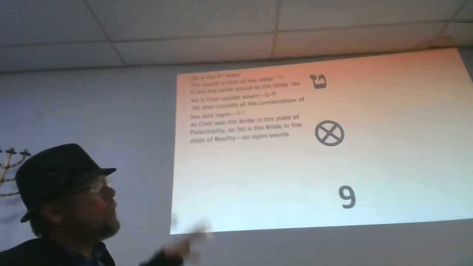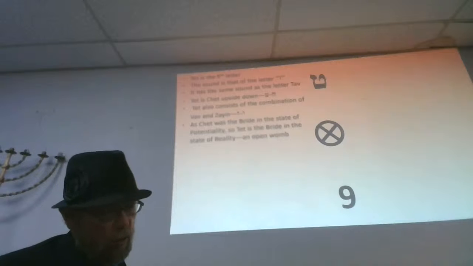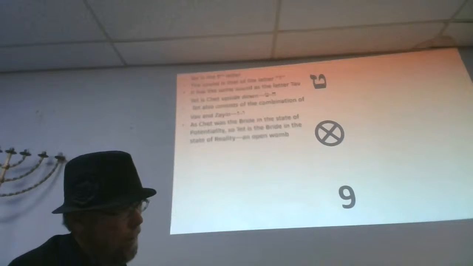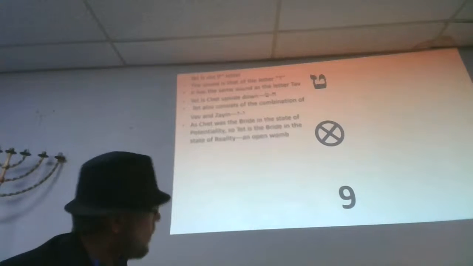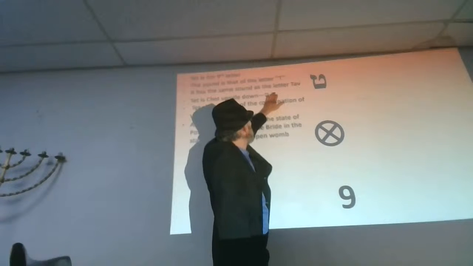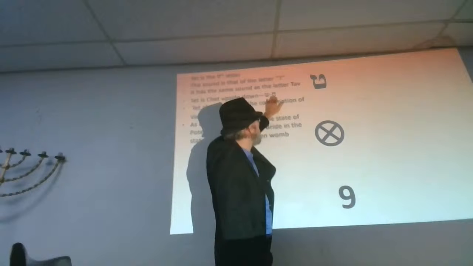So that is the state of potentiality. She, in her virginity, her womb is sealed. And we spoke to that last week. You remember the Chet, that it is closed off. You notice the top here, it's closed off, and then you have the line at the bottom. So the womb is closed off.